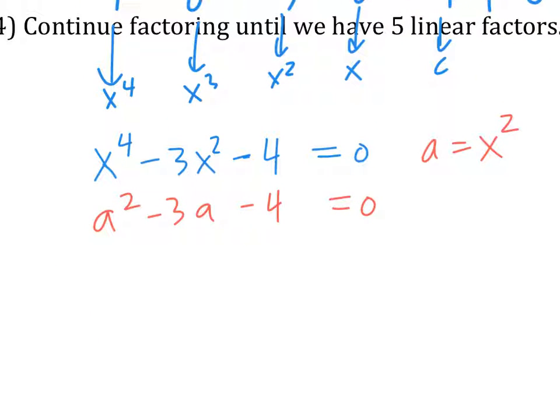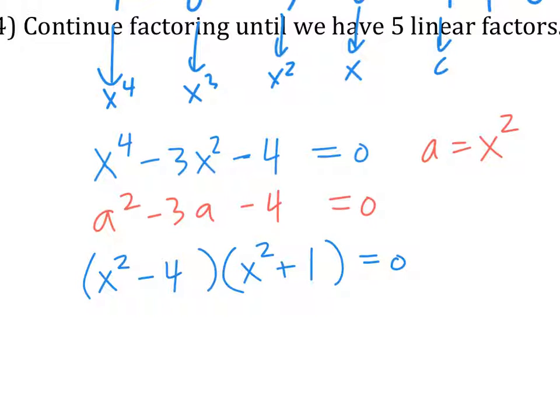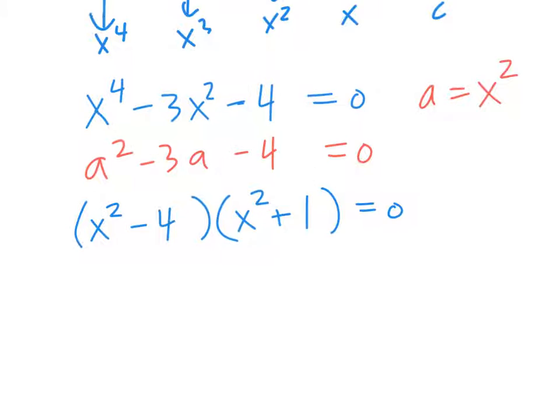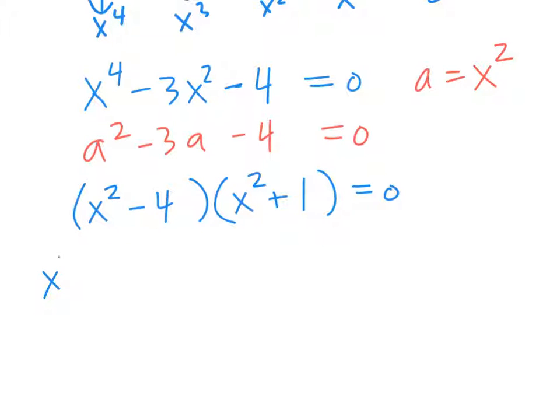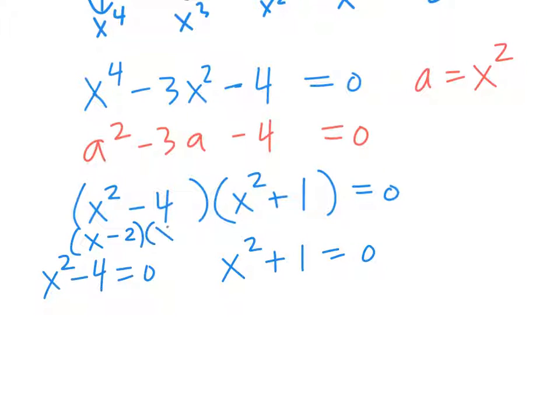All right. What is it after you factor? x squared minus 4 and x squared plus 1. Okay, that looks right. Now we are going to set each factor equal to 0. We can factor that x squared minus 4 more if you want, but setting it to 0 is going to give us the same answer, so it doesn't quite matter.